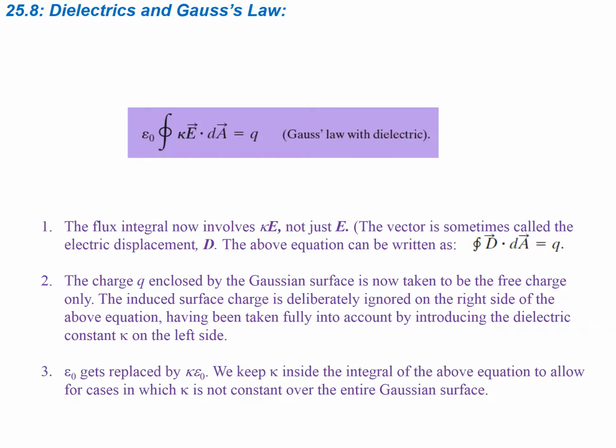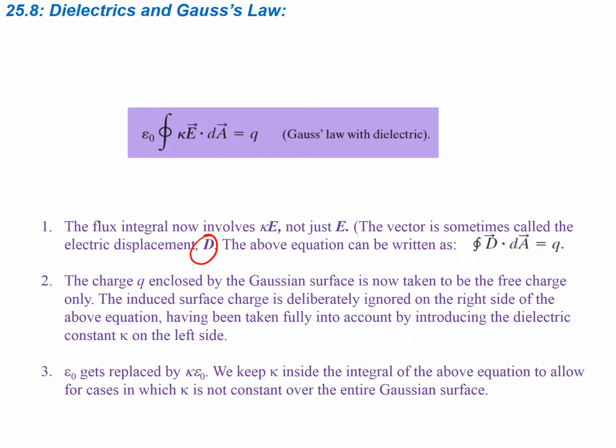All right, so here we have Gauss's law within the dielectric. A couple things to point out. So the flux integral now involves kappa times the electric field, not just the electric field. The vector is sometimes called the electric displacement D. So this is a new variable, capital D, that we're going to introduce. And really it just means kappa times the electric field.